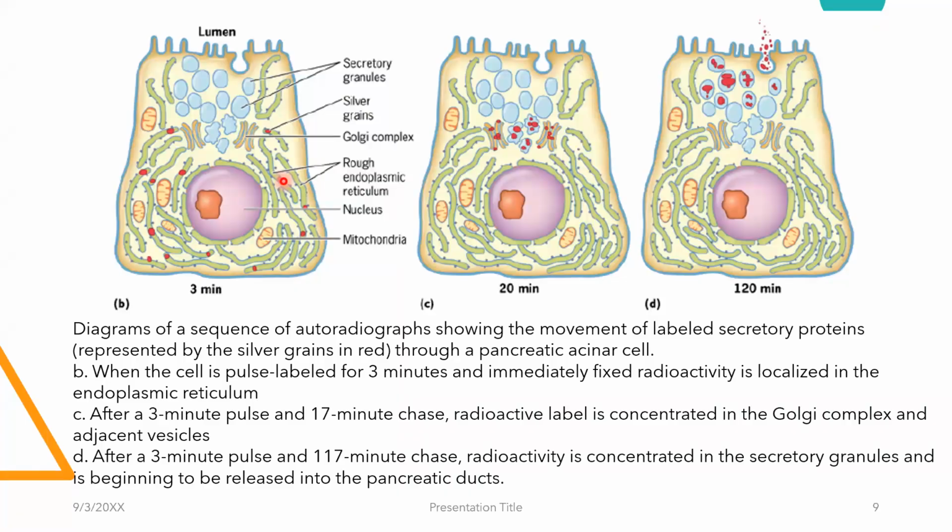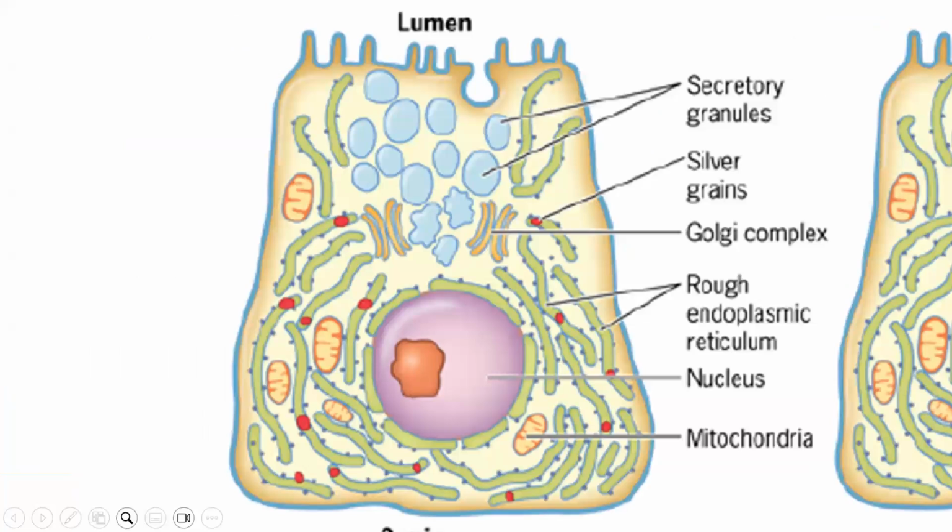So here is a diagram of the sequence of the autoradiograph showing movement of the labeled secretory proteins. Continuing on with that experiment, here is the image of that one. Basically, you have the secretory granules, the light blue ones, that are hanging around. After being produced, the proteins are synthesized by the cell using those radio-labeled amino acids.